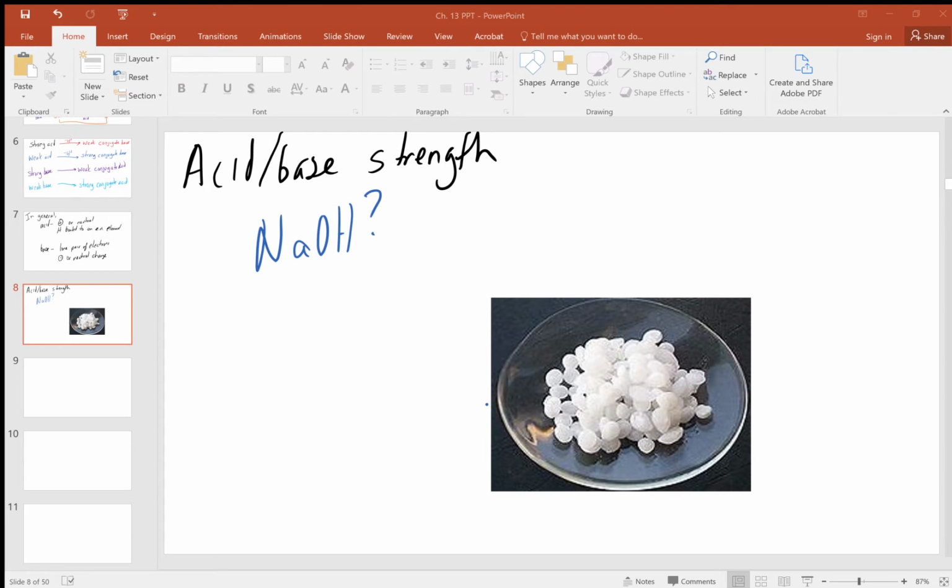Now, the reason we're going to need to define mathematically what we mean by a strong acid or a strong base, to me, is best illustrated by the following story. This story dates back almost 10 years now, but it was a group of students who were taking both analytical chemistry and organic chemistry.